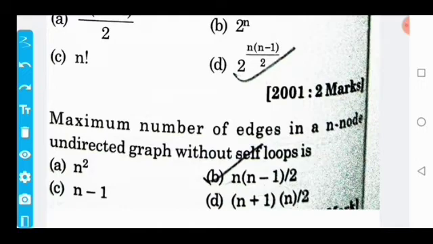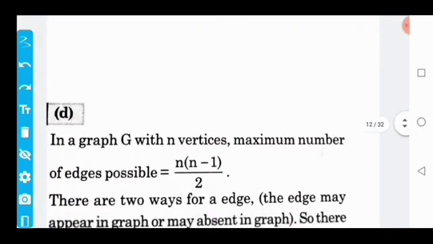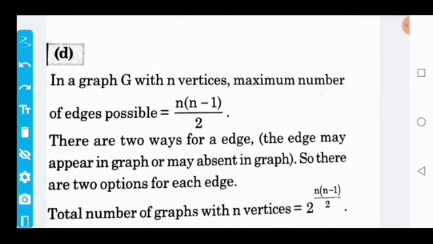Now for more understanding and clarification, we come to the solution of this question. Here in the graph G with n vertices, the maximum number of edges possible is n into n minus 1 whole divided by 2. There are 2 ways for an edge. The edge may appear in a graph or may be absent in a graph.